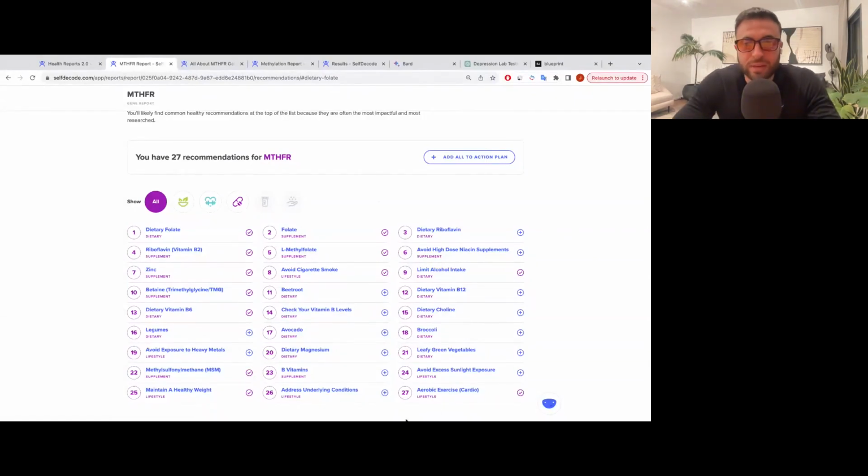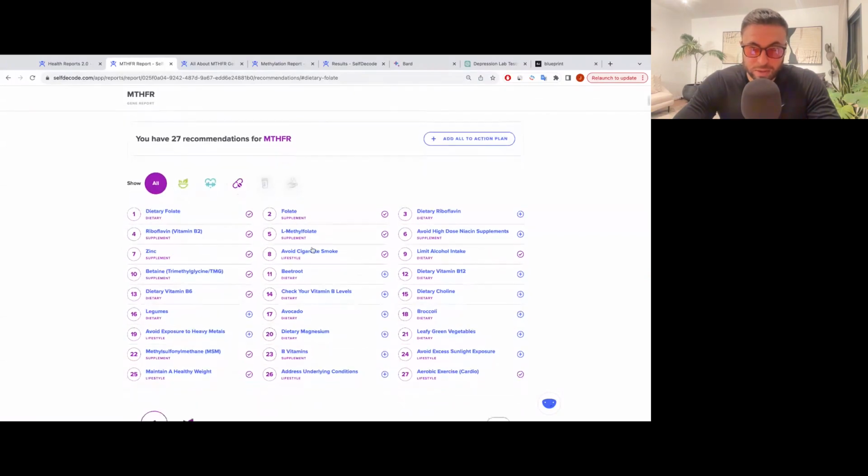But essentially, it's important to know what are the things that could be problematic. You should check your zinc status, your B vitamins, make sure you're getting enough riboflavin for that enzyme. You could take the L-methylfolate supplement, and that could be good as well.